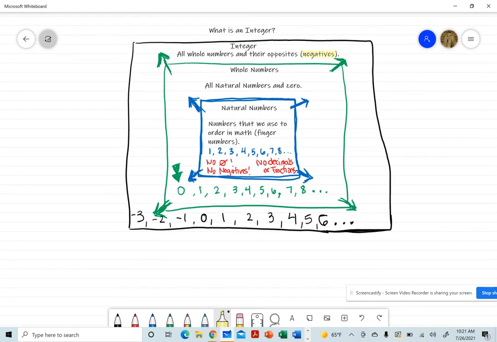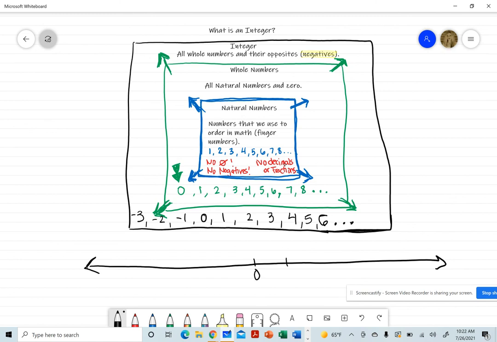If this was on a number line, we aren't doing any parts to our number line. Rather, 0 goes in the middle. We have 1, 2, 3, 4, 5. Those are all integers, right? They're whole numbers that are comprised of 0 and every ordering number we can represent on our hand. No decimals or fractions.